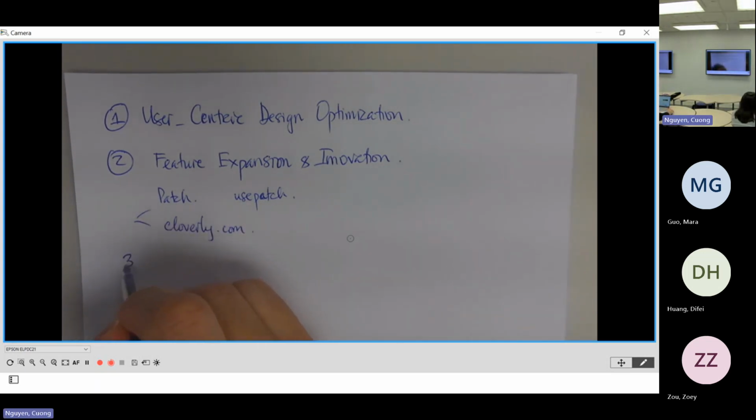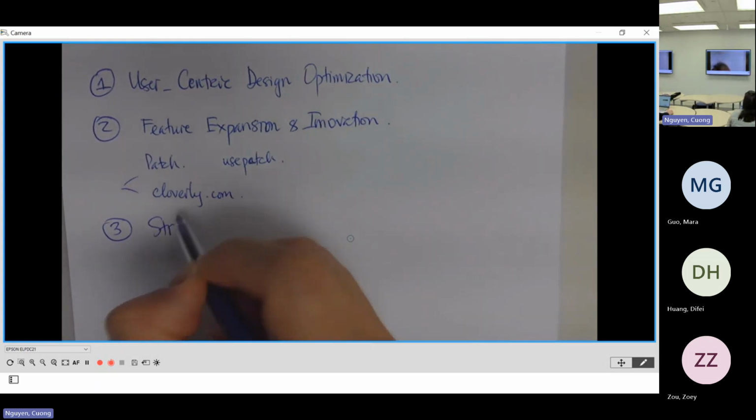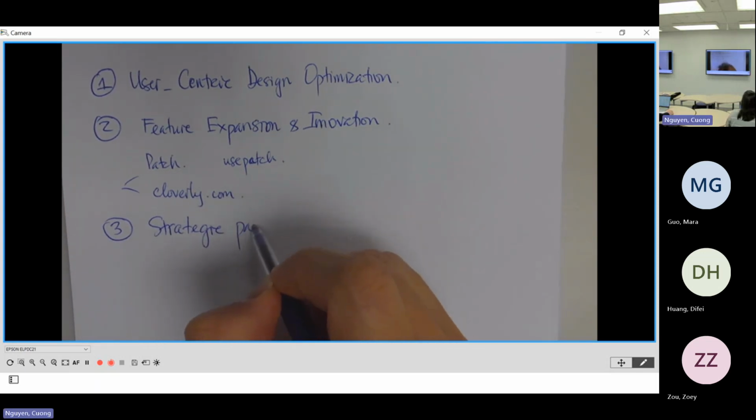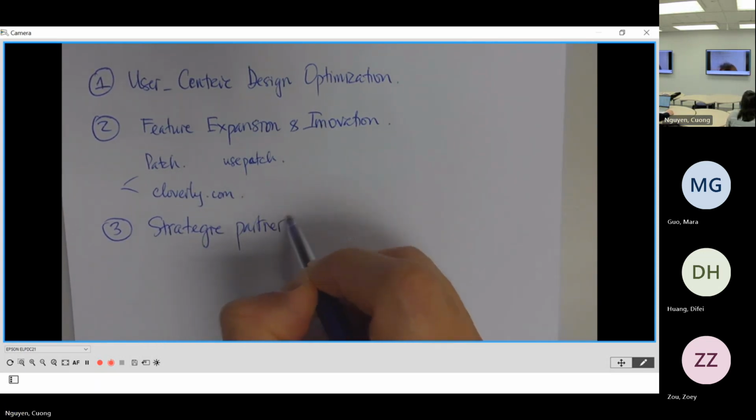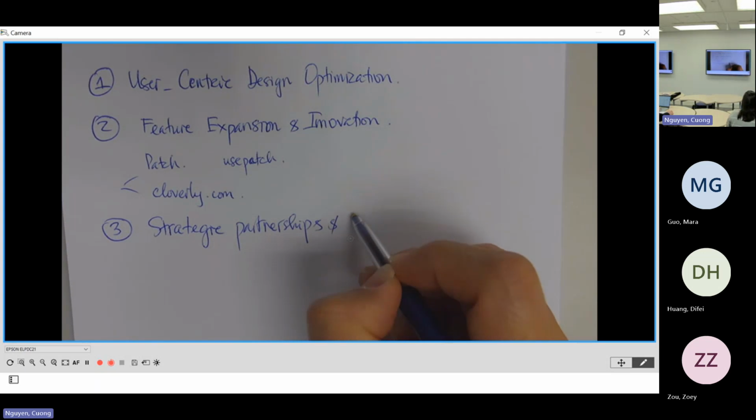The first one, what you want to see is to have strategic partnership and integration.